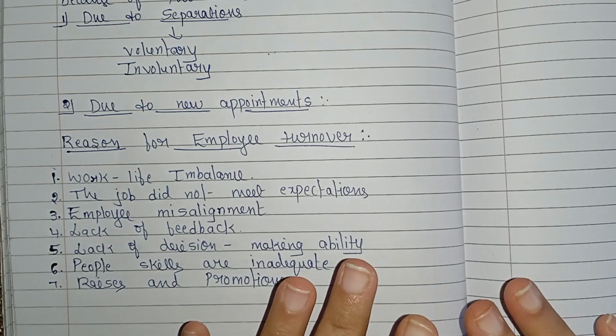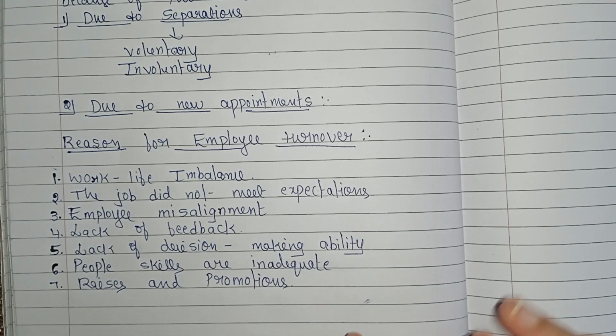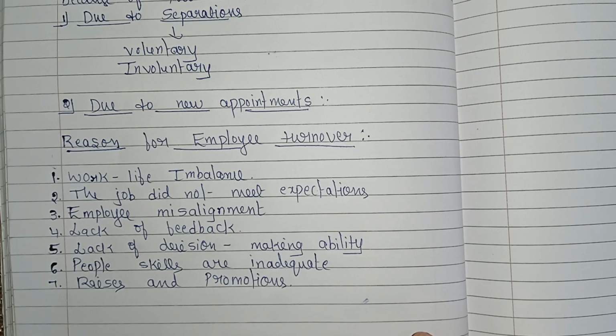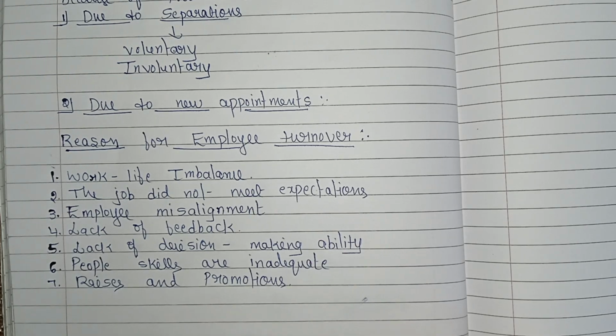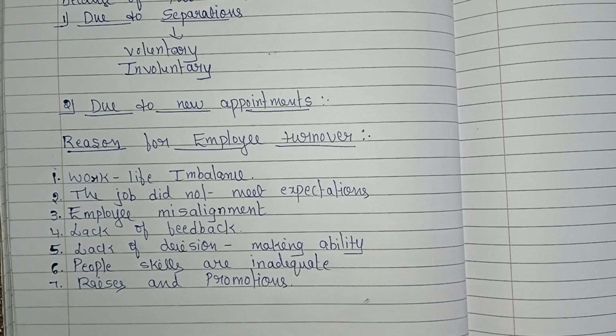So the fifth one is lack of decision making ability. It means what? When employees are not given the freedom to make decisions or contribute ideas, they feel powerless and undervalued, right? This lack of trust and autonomy can reduce engagement and lead them to leave the job in search of roles where their input is respected.